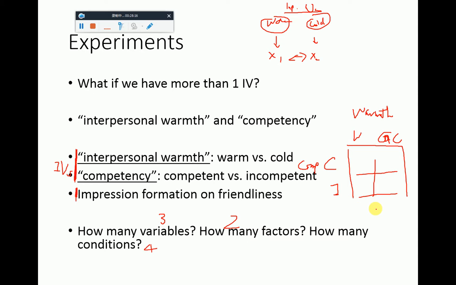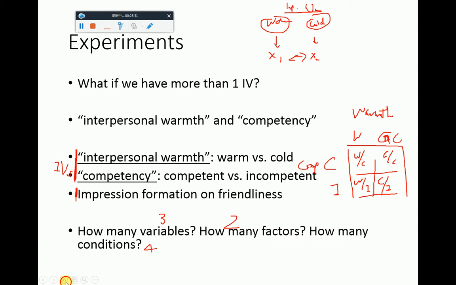So the four conditions are formed by each of the two levels of these two variables, factors. So condition 1 will be this person is warm and competent. Condition 2 will be this person is cold and competent. Condition 3 is this person is warm, incompetent. Condition 4 is this person is cold and incompetent. So 1, 2, 3, 4, 4 conditions.